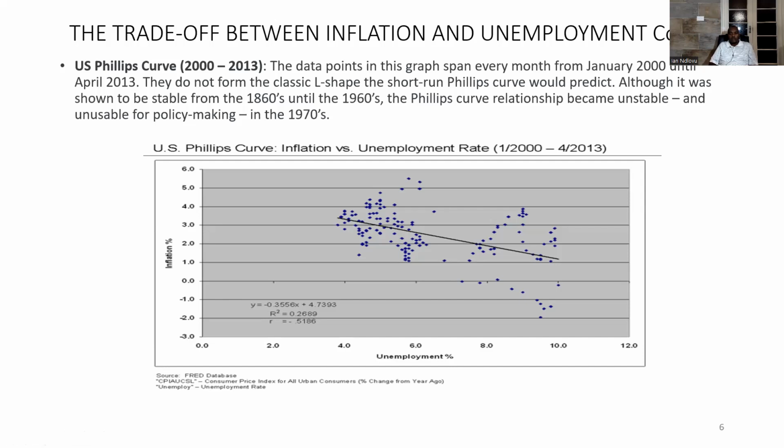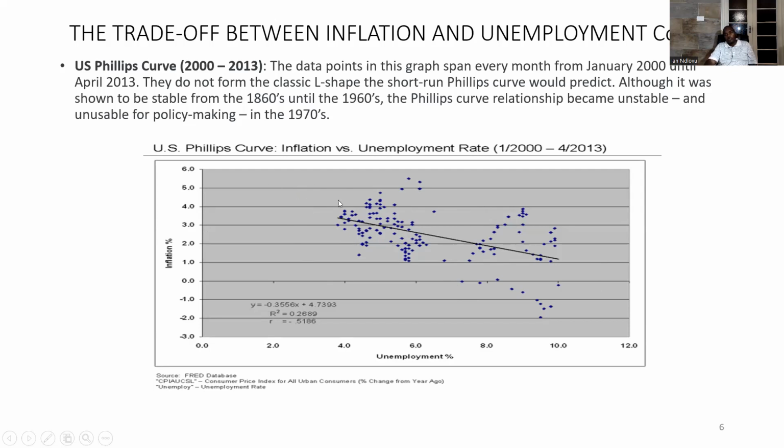What is shown on this slide, slide number 6, is a fitting of points for unemployment data and inflation data for the United States of America for the years 2000 to 2013. If you look at the scatter diagram, you realize that there is a downward trend.